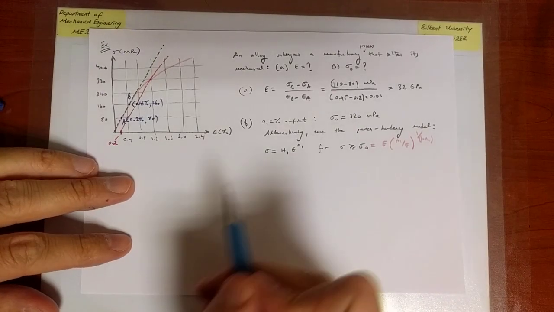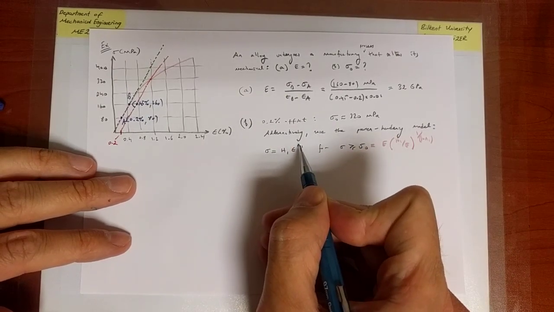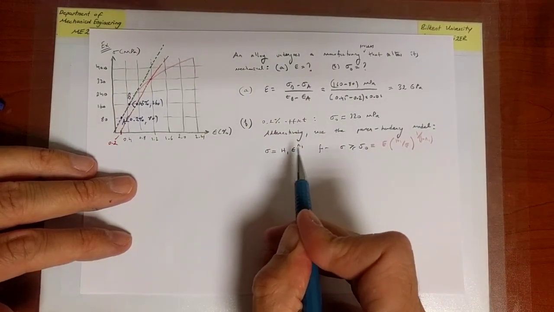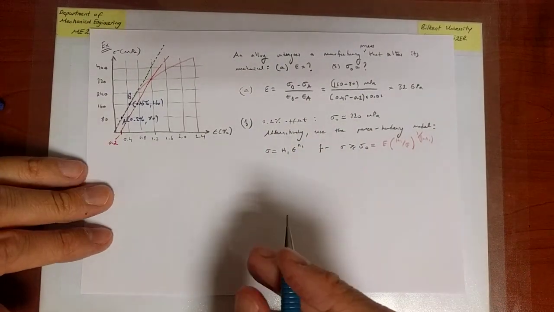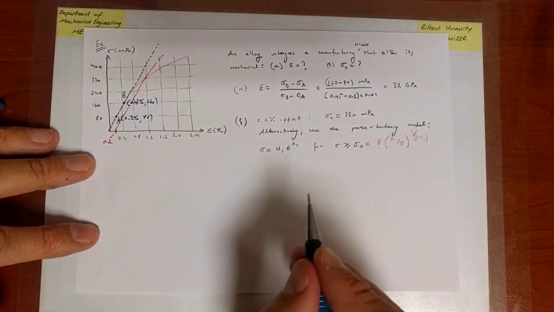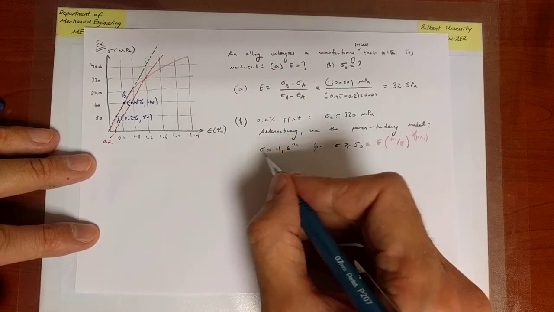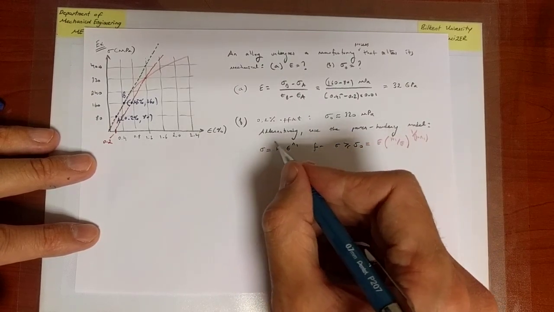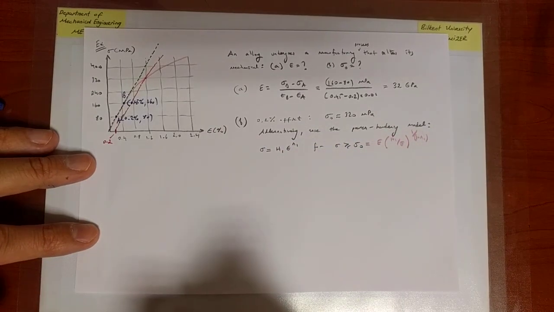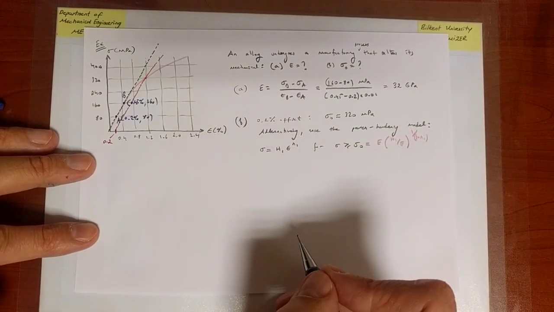I have conceptually two constants to determine, so I'm going to take 2 points and generate 2 equations for 2 unknowns. There is a caveat here: the 2 points I choose have to lie in the region where plasticity occurs, but I don't know the value of sigma naught yet.